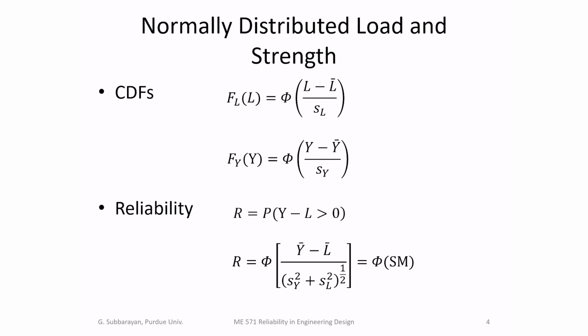Remember, when we denote a variable in standard normal distribution, we use phi to denote the cumulative distribution function. The cumulative distribution function of this quantity, which we defined earlier as the safety margin, turns out to be the reliability when load and strength are normally distributed. We'll derive this from first principles next.